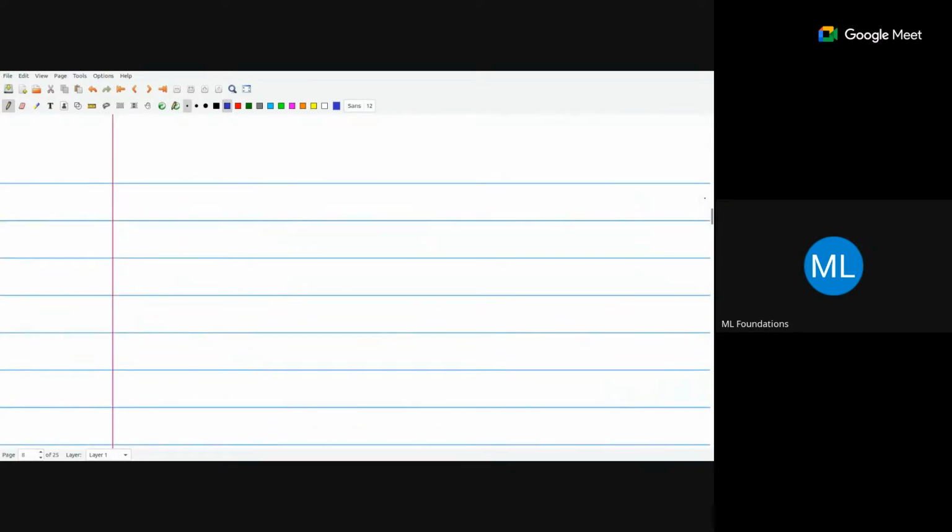Let me take an example. For mod x, I will just put mod x. So this is the mod x graph, right? Agreed?